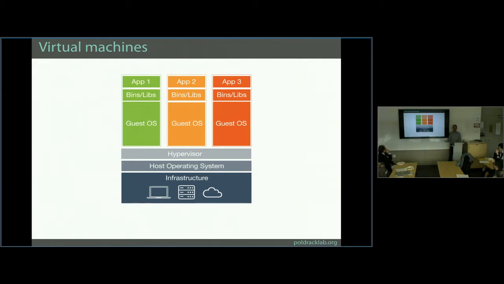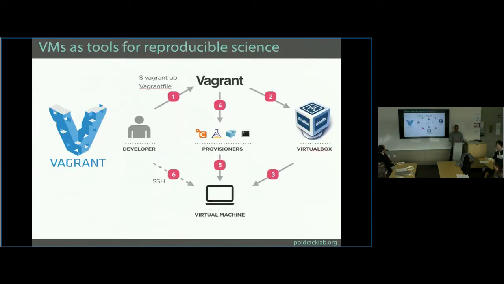It's basically like running another computer inside your computer. Most people in the computing world have now moved away from having their own computers. They just buy a virtual machine on Amazon, right? So the idea is you have a guest machine running on top of another machine. The reason we've become really interested in this is that it makes it trivial to provide somebody with everything they need to reproduce the entire analysis workflow that you used.